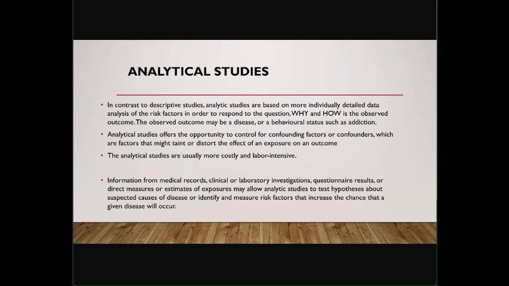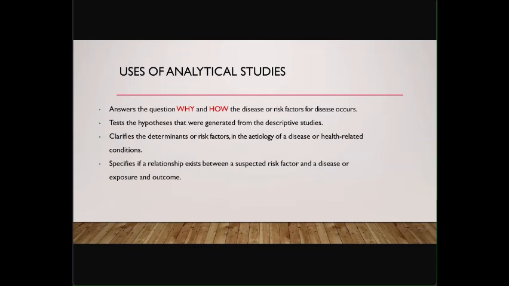Though that is not enough, we must follow what we call, I will teach you later, the Bradford Hill criteria for causality in epidemiology. All right. So analytical study answers the question of why and how a disease or risk factor of a disease occurs.